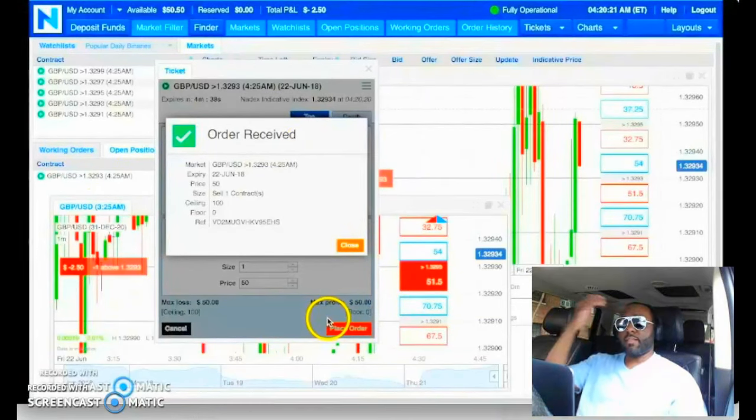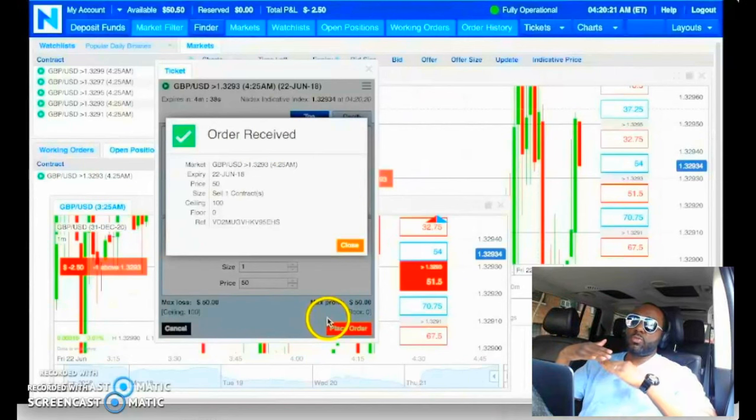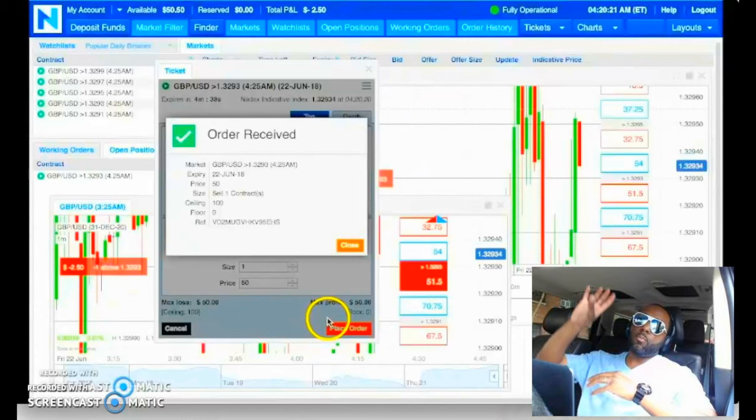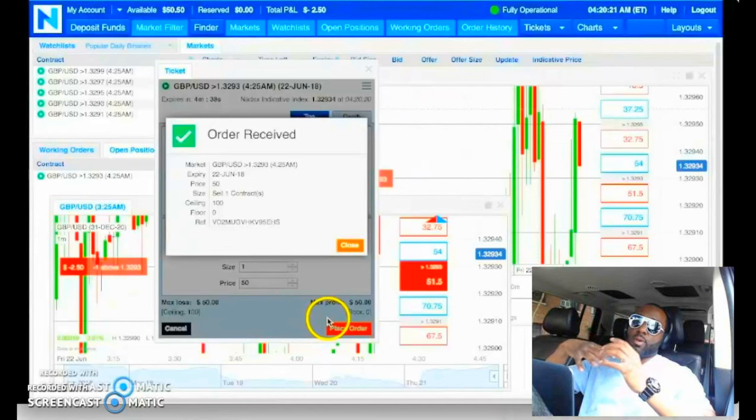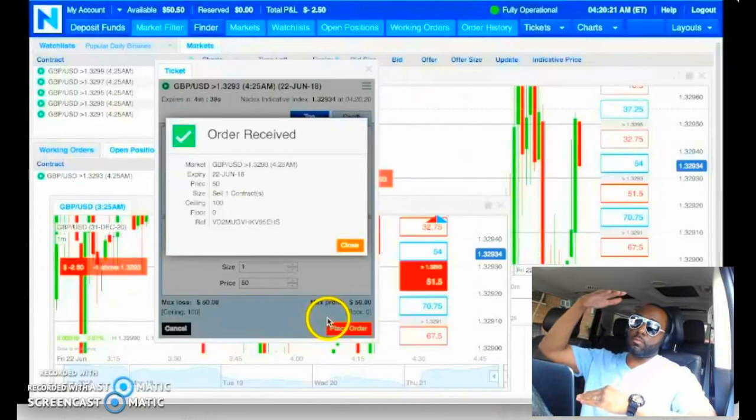Now, if you're trading at the money, the pricing on NADEX has two sides. It has the sell side, it has the buy side. If you're buying, the pricing will move upward into the scale. If you're selling, the pricing will move downward into the scale. The scale is measured from 0 to 100 from bottom to top. So in the middle is the strike price that you're actually trading.